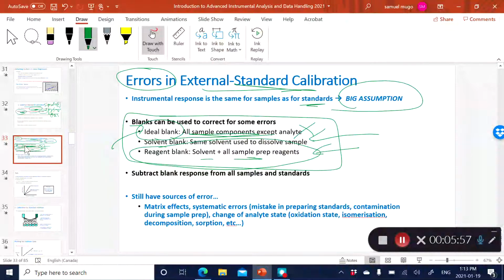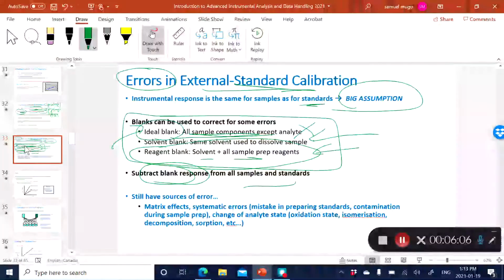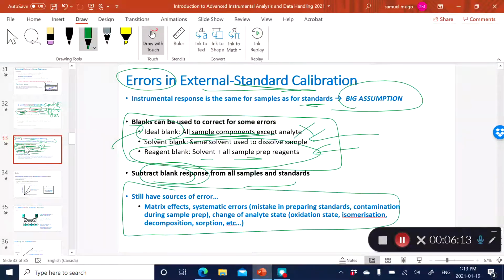And then after that, you would subtract the signal from the blank from the samples as well as the standards. And that way, you correct for external standard errors. But as I've said, what is very difficult to correct in the absence of an ideal blank would be a sample that has got matrix effects, which again is not very easy to correct without an ideal blank.